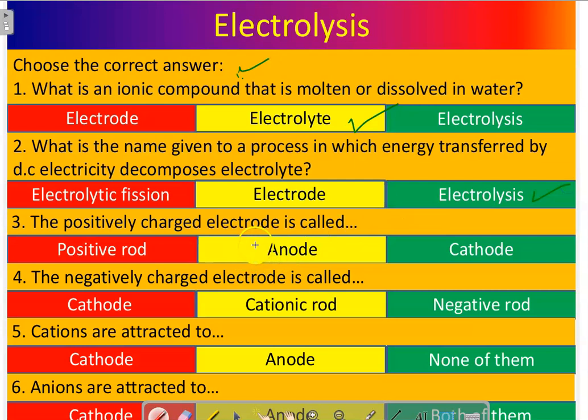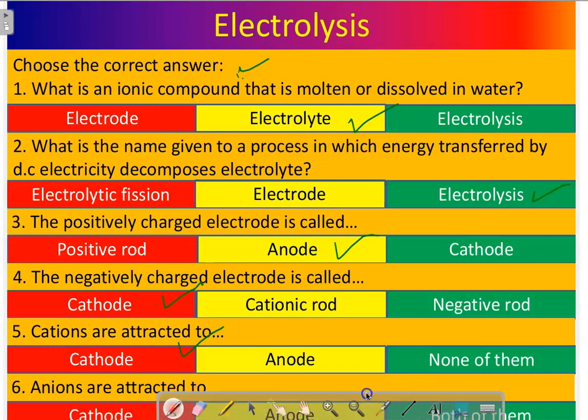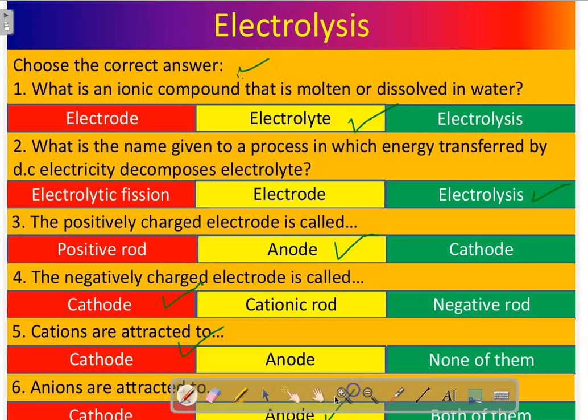Question 3, the positively charged electrode is called the anode, and the negatively charged electrode is called the cathode. Again, cations are attracted to the cathode and anions are attracted to the anode. Right, so that is it for this exercise.